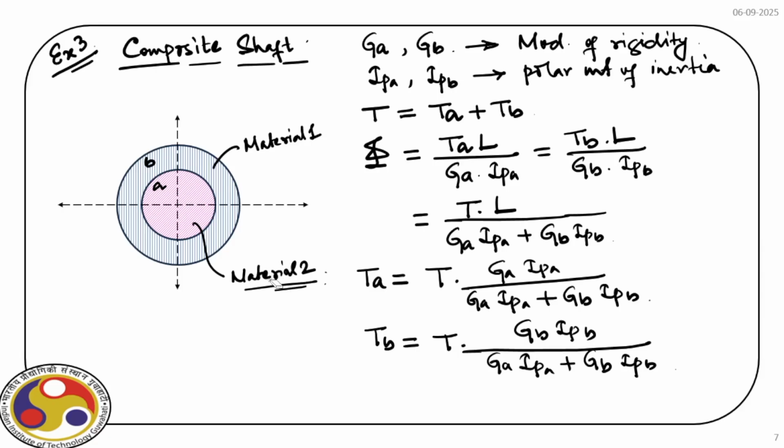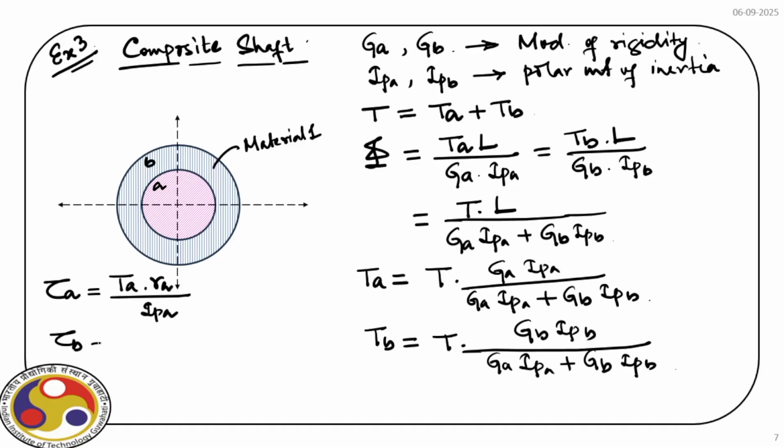Now for both of them we can also find out the shear stress. So tau A is equal to TA times RA divided by IPA, and tau B is equal to TB times RB divided by IPB.